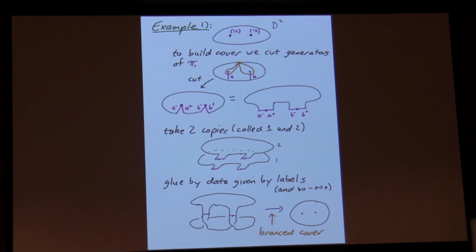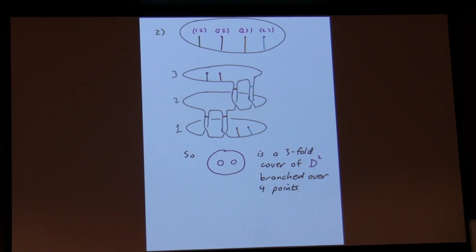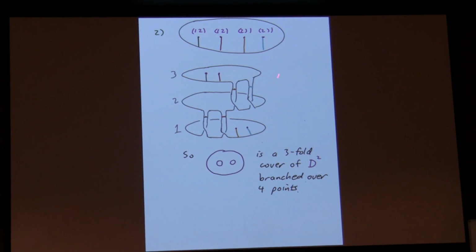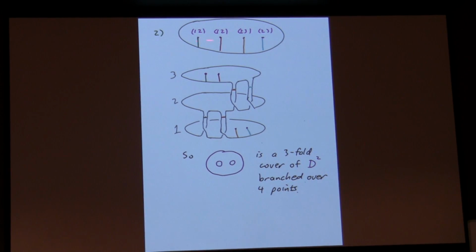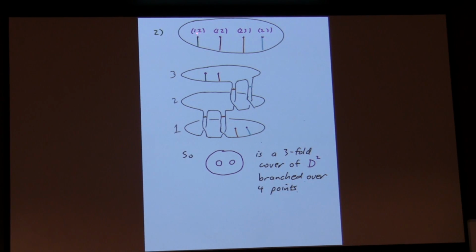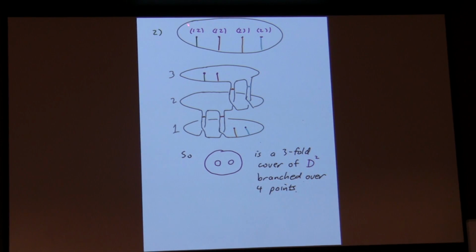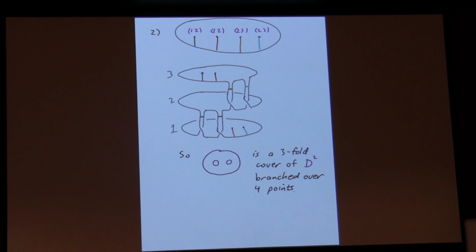OK. In that case, let's try a different example. So suppose you want to take the threefold cover of the disk branched over those 4 points. For 2 of the points, I'm giving the transposition (1 2), so I'm going to connect sheets 1 and 2 and leave 3 alone. And for the other 2 points, I'm going to connect sheets 2 and 3, but leave sheet 1 alone.